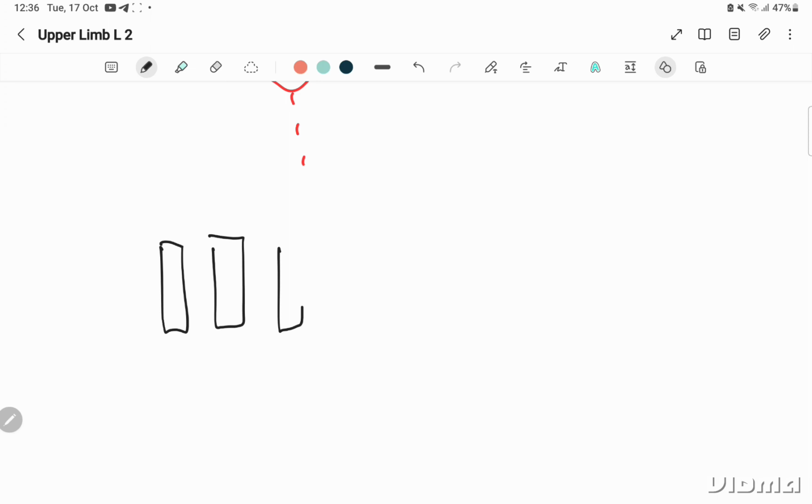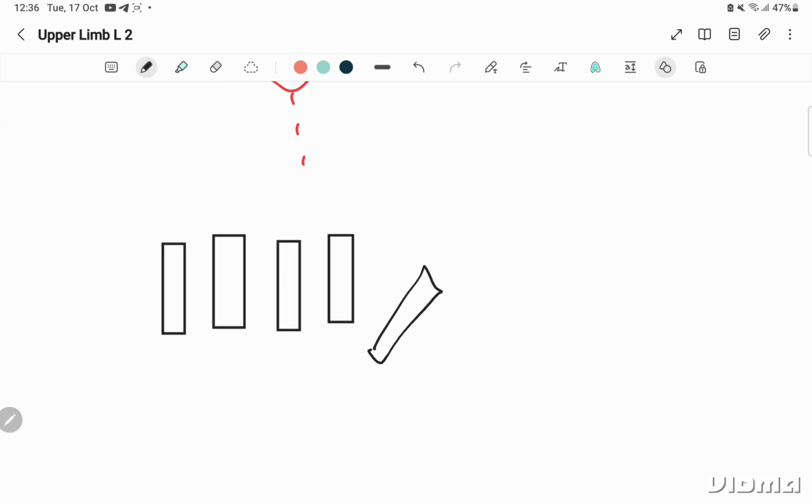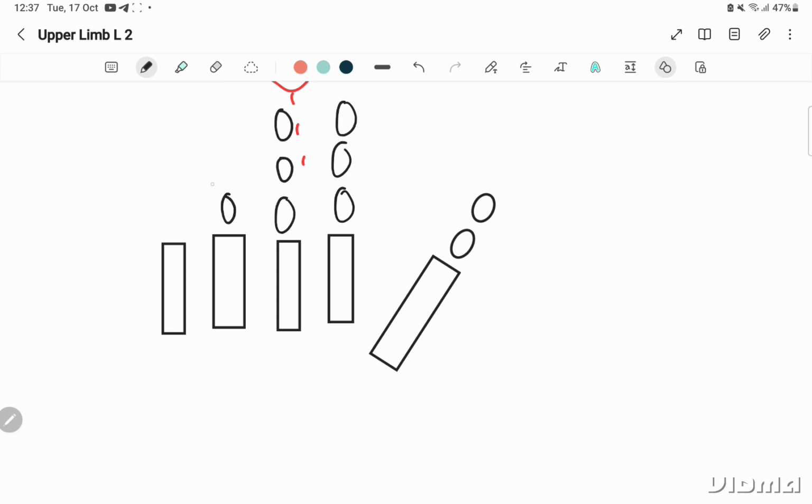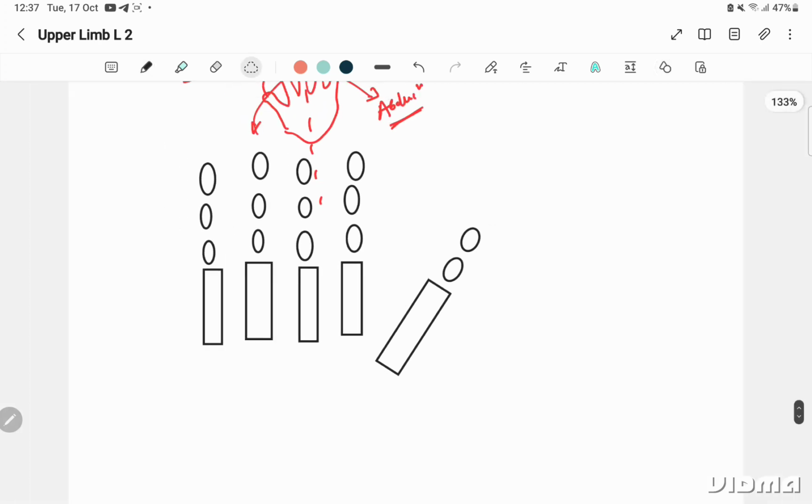Let's draw only the metacarpals of the four fingers, and the metacarpal of the thumb. It is not so pretty, but we'll manage. And two phalanges here, three phalanges here, three here, three here, and three here. Understood? So this is the hand, the bony framework.